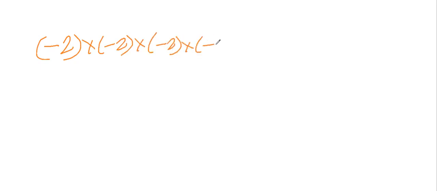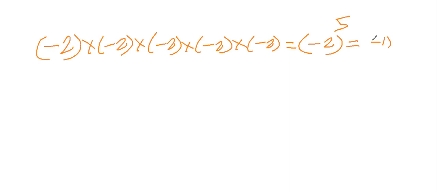Okay. So if I have minus 2 into minus 2 into minus 2 into minus 2 into minus 2, I can write this as, 1, 2, 3, 4, 5, minus 2 to the power of 5. This I can even write as (minus 1 into 2) to the power of 5.